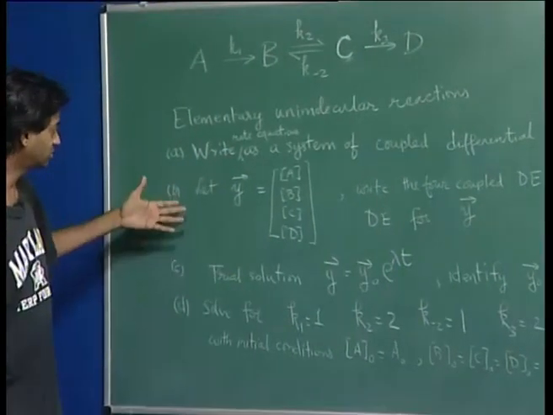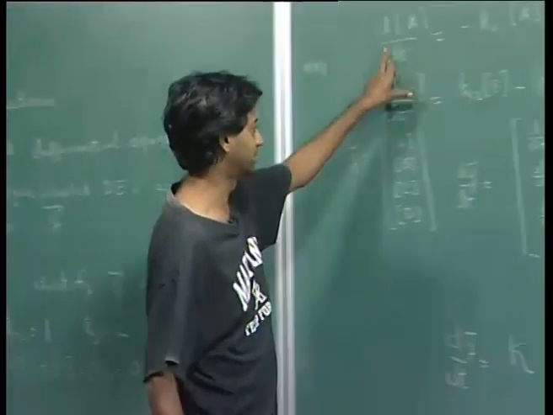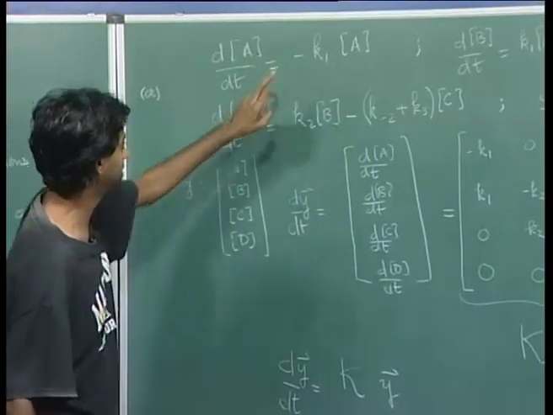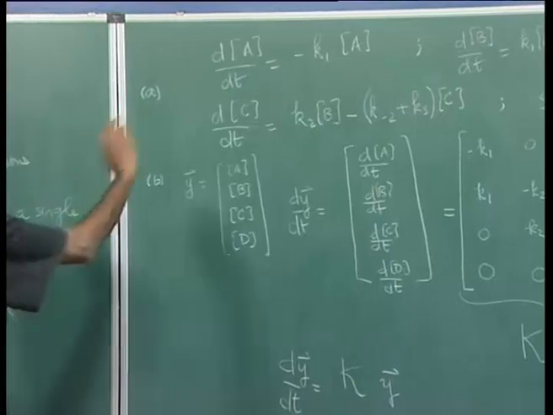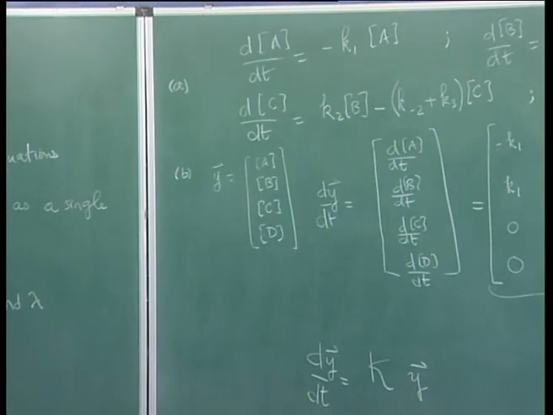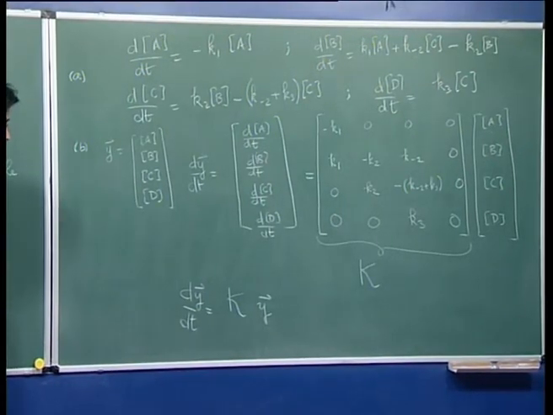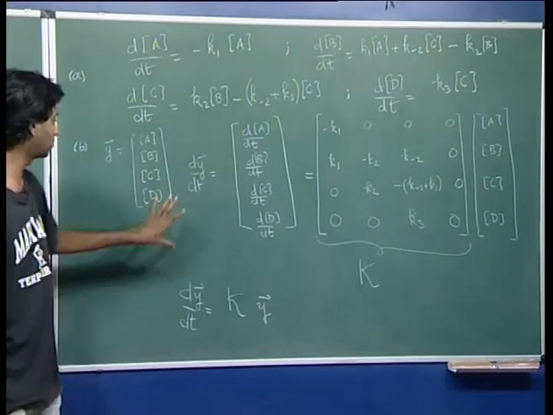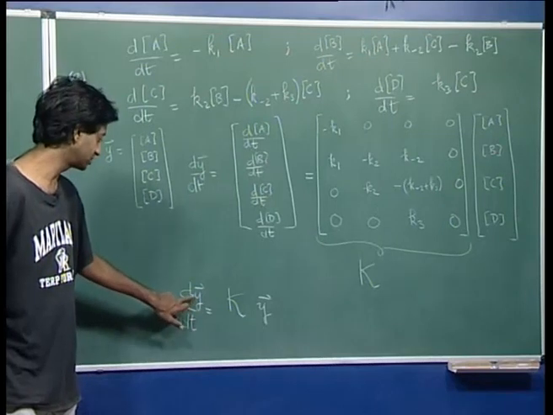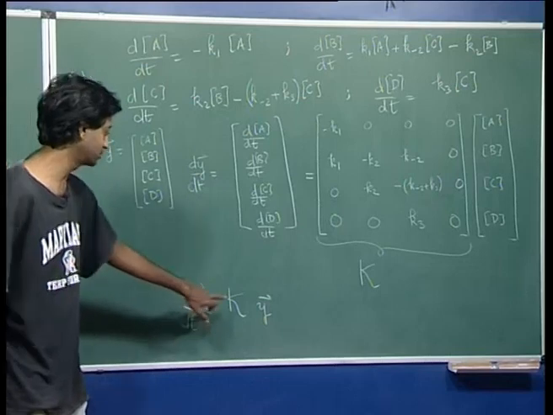First we wrote it as a system of differential equations. Remember that the concentrations of A, B, C and D all change with time. So, we wrote rate equations for how they change with time, and then we wrote these 4 coupled first order differential equations as one equation for a vector, and since it is a first order differential equation, this involves a matrix K.